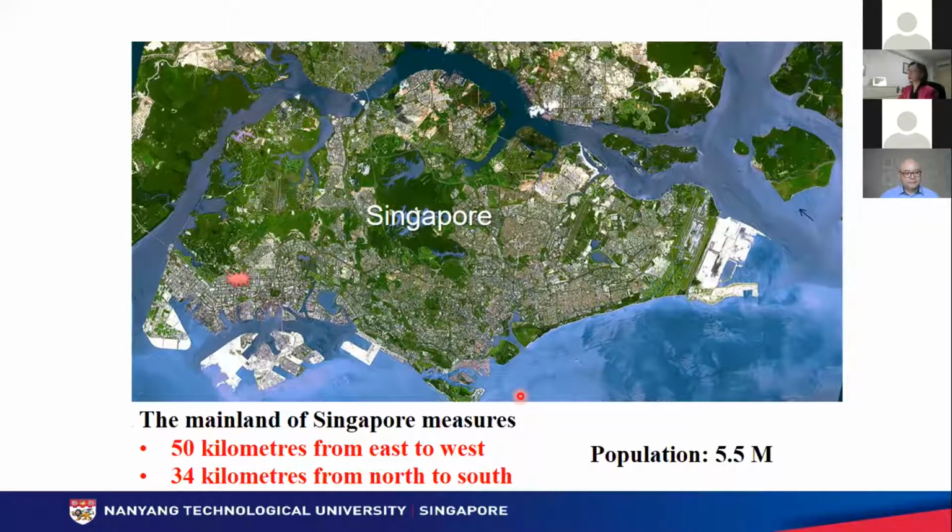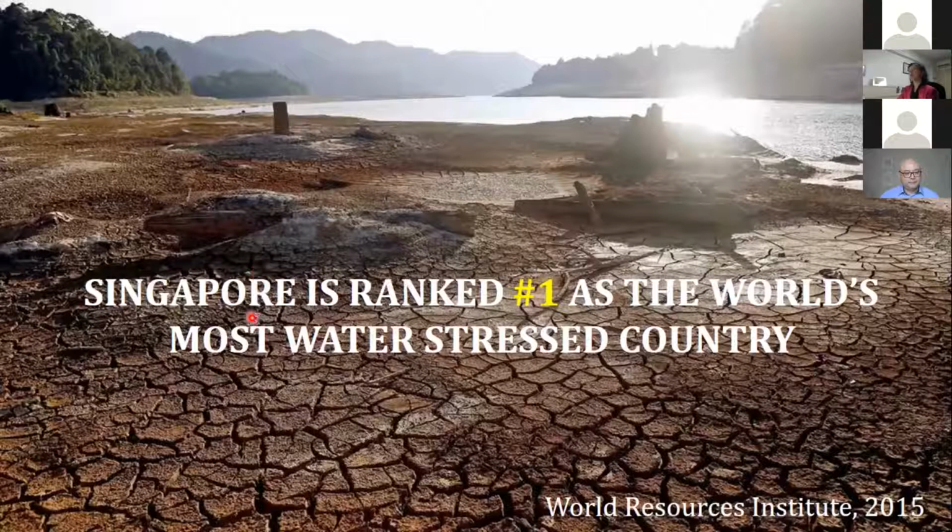We are also short of water. We are short of people. We only have a 5.5 million population. Our NTU, Nanyang Technological University, is located in the west part of the island. Singapore is short of resources, and you may not realize that Singapore is ranked top 1 as the most water-stressed country in the world.